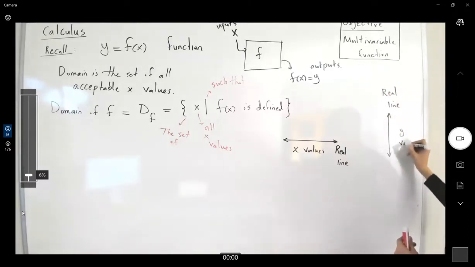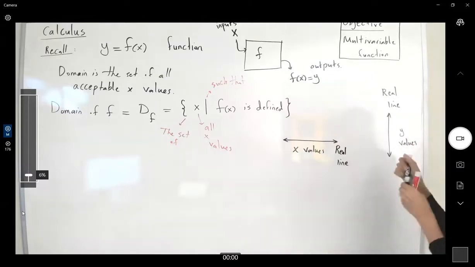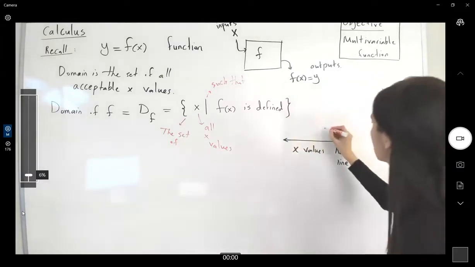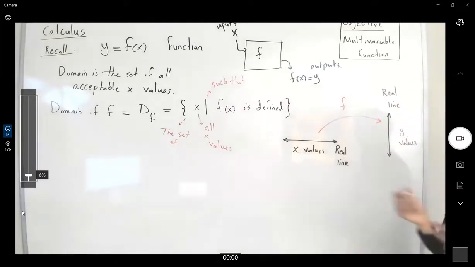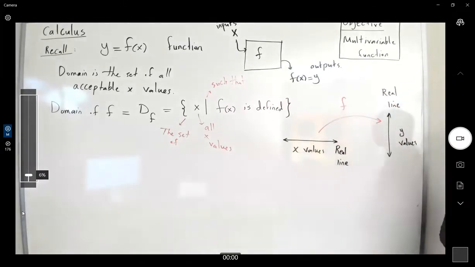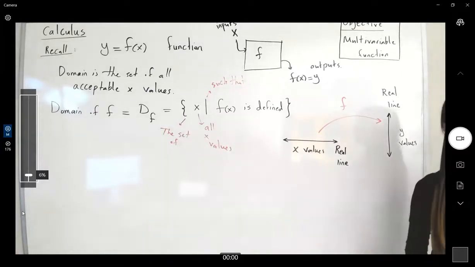These are y values. This is your function. This is your machine. So your free variables are x values.